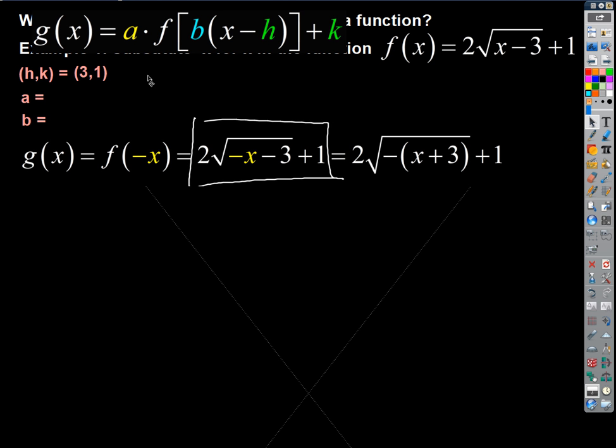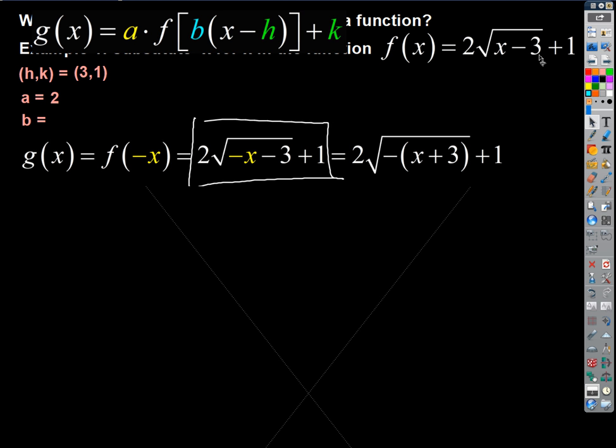What's a? 2. Good. What's b? So b would be whatever's in front of the quantity x minus h. So what's being multiplied by x minus 3? 1, yeah.